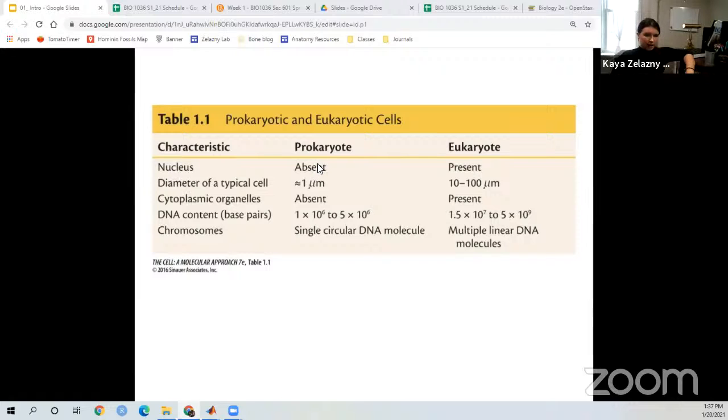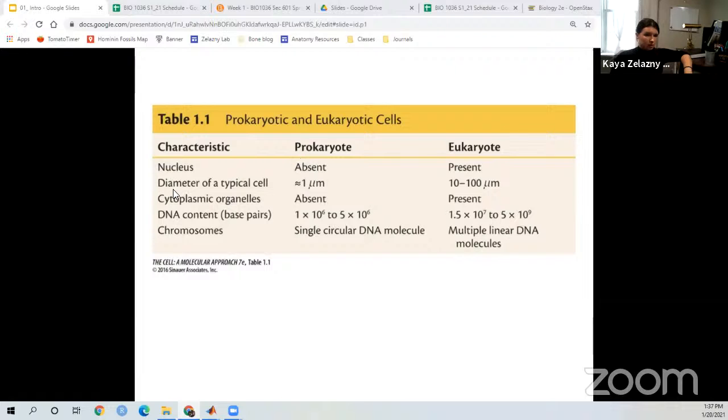So in prokaryotes, you are not going to see a nucleus. In a eukaryote, you are going to see a nucleus. A nucleus is a membrane-bound area that contains genetic information. So it's only present in eukaryotes, never present in prokaryotes.